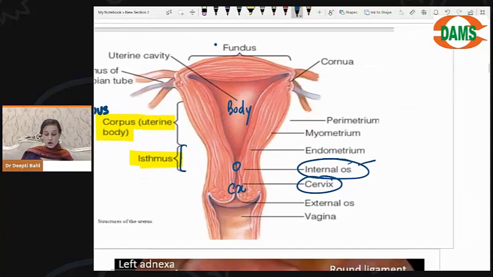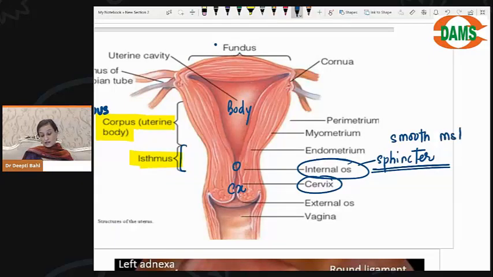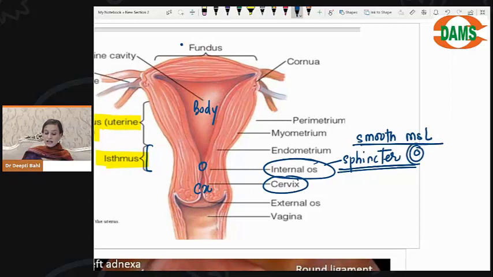The internal os is a sphincter. The smooth muscles here are arranged in a concentric manner, right?